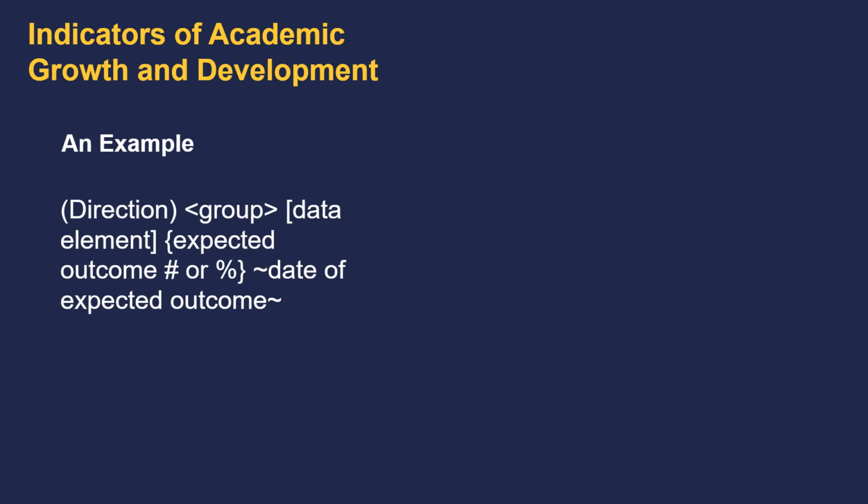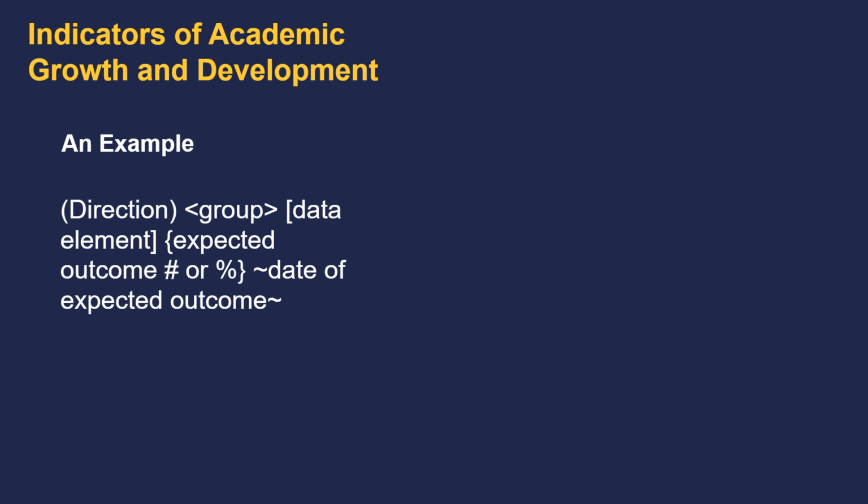In drafting an IAGD, school counselors can use a template to ensure the critical features of the IAGD are included in each version. Begin by identifying the direction you would like the data to go, as in either an increase or a decrease. Then identify the specific target audience, followed by the metric that will be tracked.